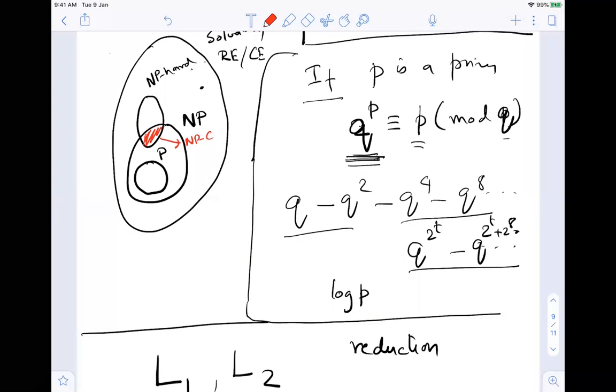There are problems inside NP which are harder than every other problem.